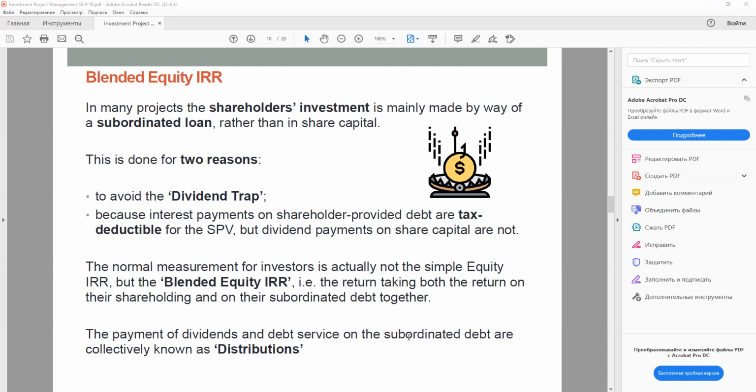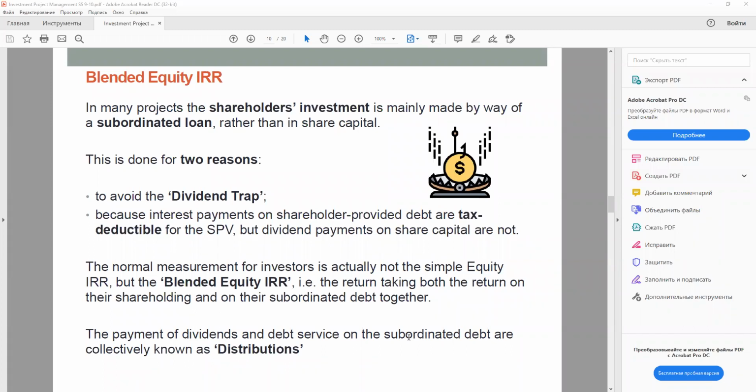The payment of dividends and debt service of a subordinated debt are collectively known as distributions. Lenders generally do not concern themselves whether their equity is subscribed in shares or subordinated debt. All distributions are controlled in the same way. Because subordinated debt is so common in projects, the lenders are often called the senior lenders to distinguish them from the investors as subordinate lenders.